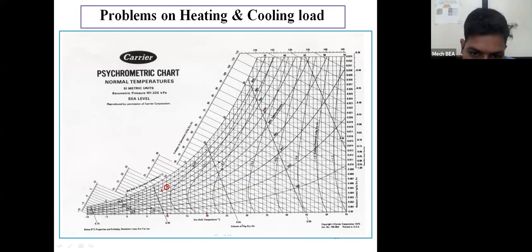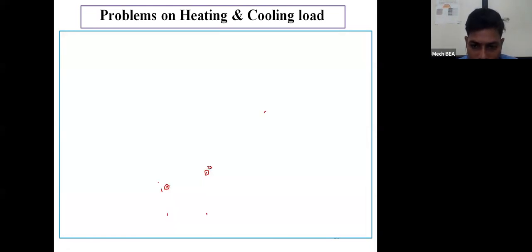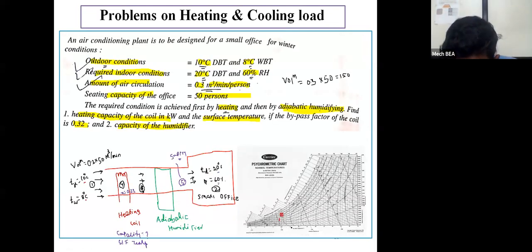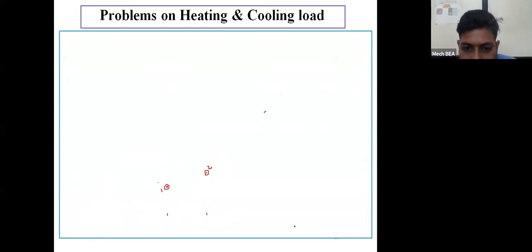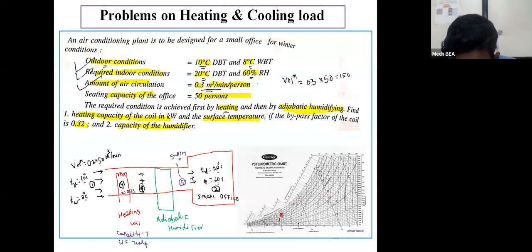Where this line intersects the 20 degrees centigrade line will be my desirable condition, my final point, point number 2.